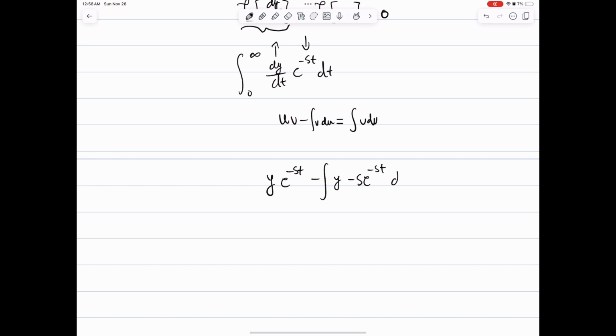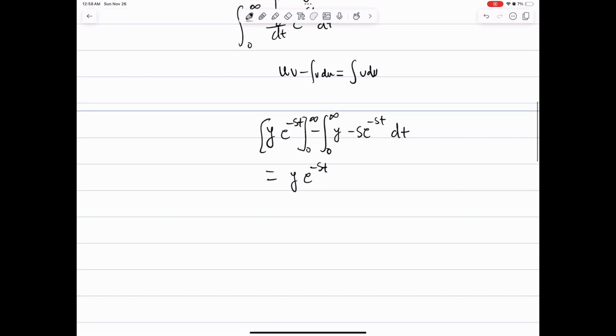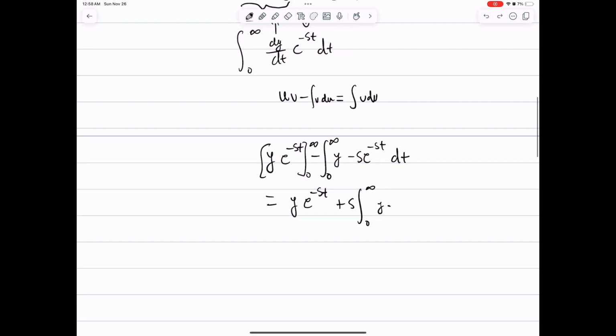I'm going to pull the s out to simplify this a little bit. Of course, evaluate everything from 0 to infinity here. Pulling this out would become a positive s here, and y times e to the negative st dt.